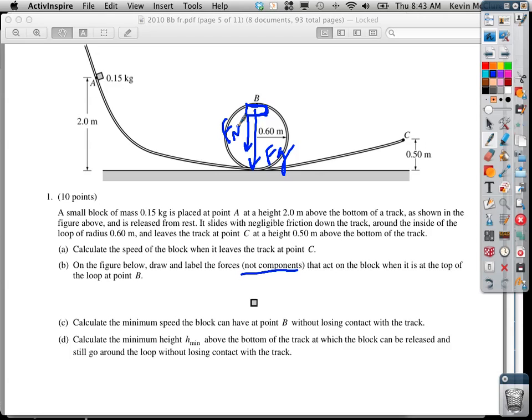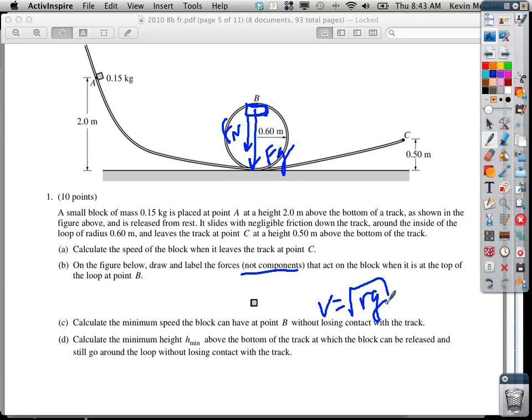Calculate the minimum speed the block can have at point B without losing contact with the track. Well, it says calculate. If you were just slick and you remembered that the minimum vertical velocity is v equals square root of rg, that'd be pretty funny. But how do you get that, right?